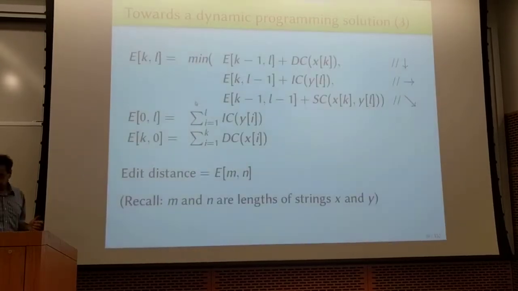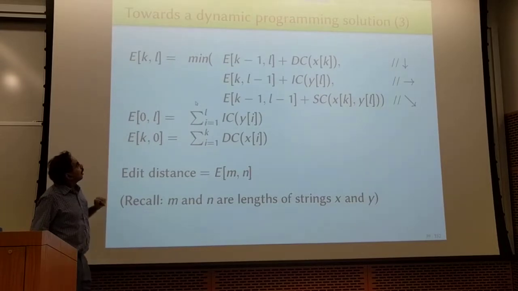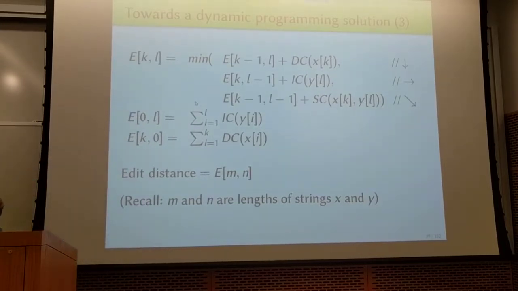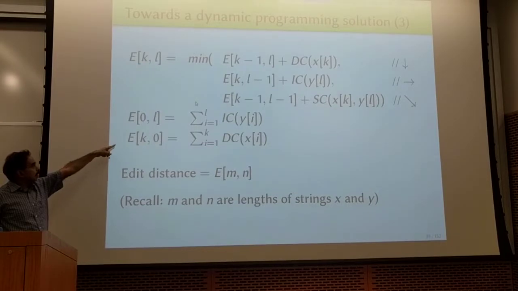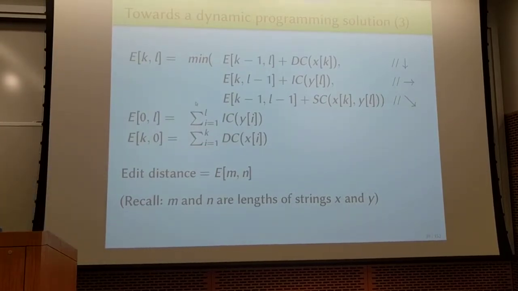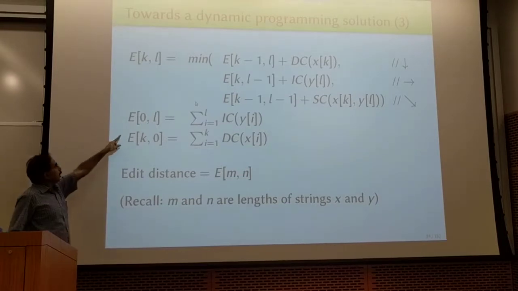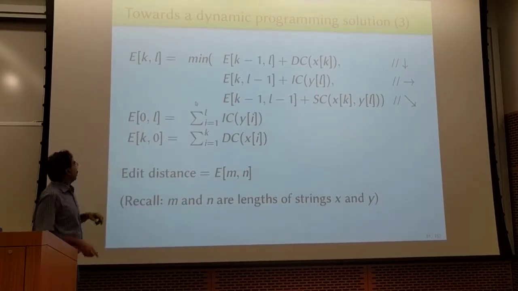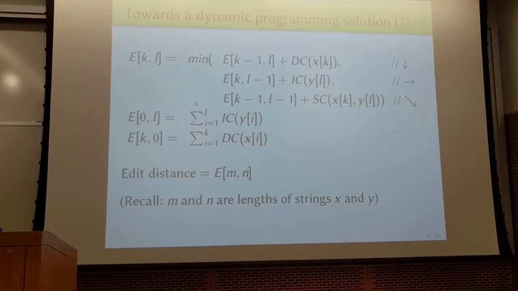Okay, so now we have set up this equation that says how to compute the optimal distance E of k, l from those three quantities. Now, in order to set this all up, we also need to define the base case. So what is E of 0, l? E of 0, l means you're matching the empty prefix of x, because the first index says 0, with the prefix of y that has l characters.